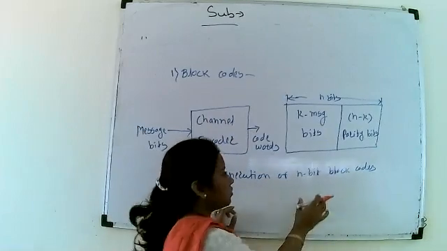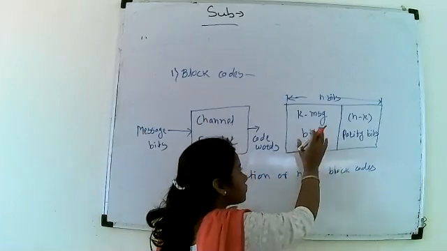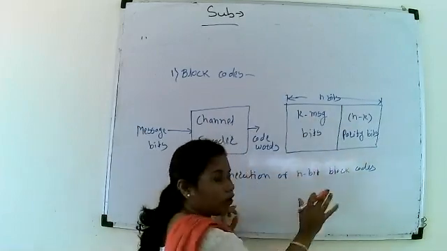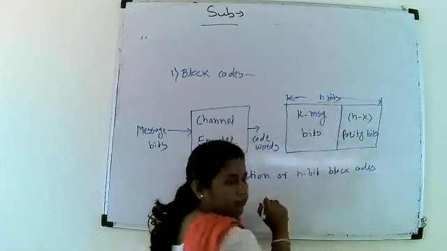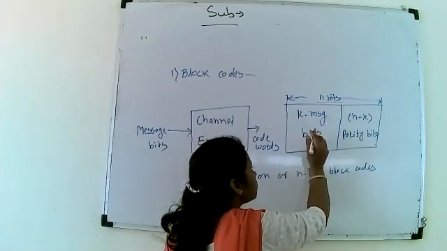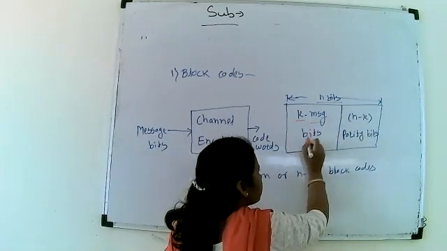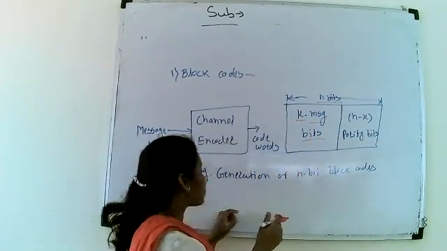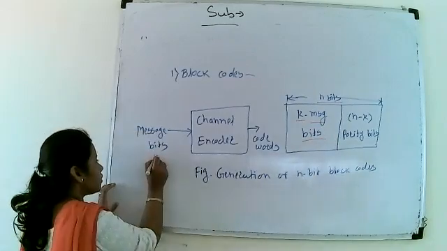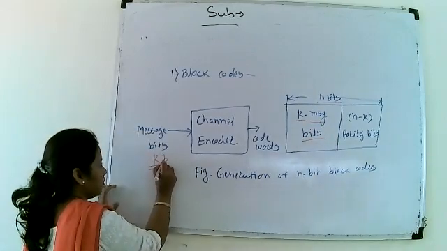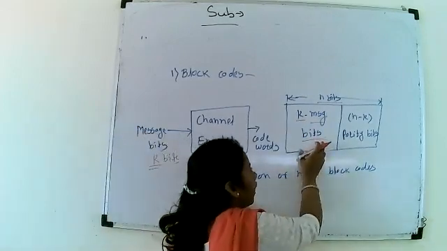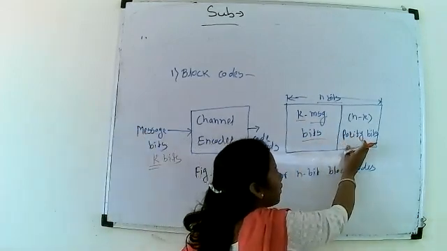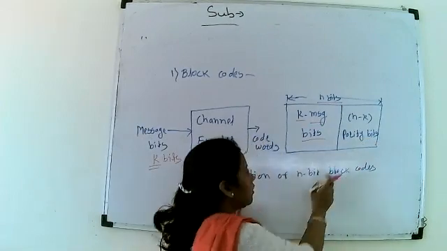That's why it is called the block code. What is this block format? We have a block of n bits. In these n bits, we have k message bits, the message bits coming from the source, and these k message bits are added with n minus k parity bits.